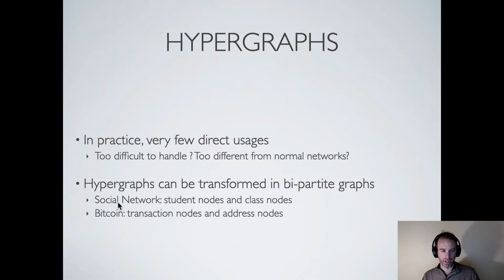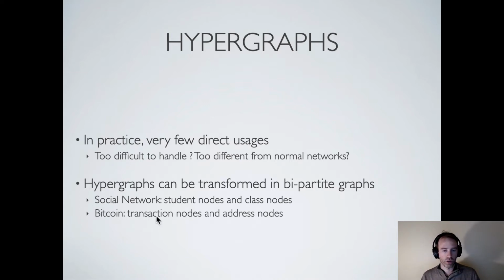For instance, in my example of a social network, you will have one type of node which are students and the other type of node which represent classes, and so you will have edges between students and classes. And you have many more tools for bipartite networks than for hypergraphs. So when you want to use a hypergraph, often it's more convenient to use a bipartite network representation.